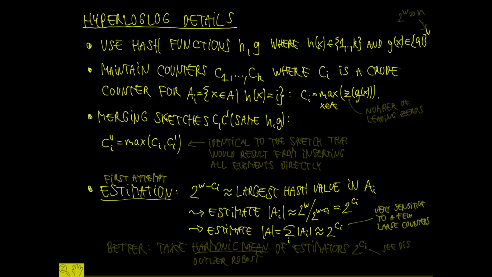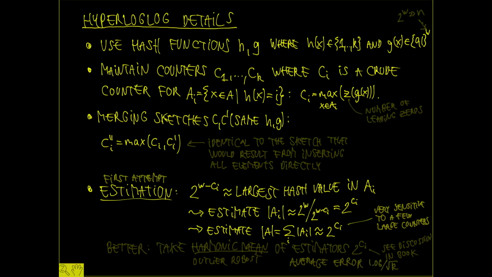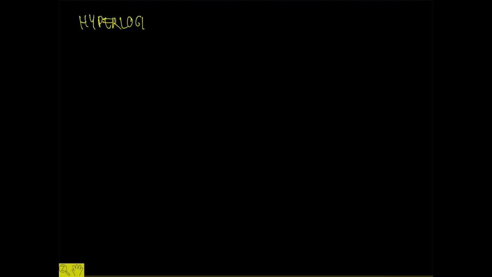This is a much more outlier-robust method. The details are relatively complicated, so I refer to the book for those. One can show that the average relative error is going to be very small, approximately 1 divided by the square root of k.